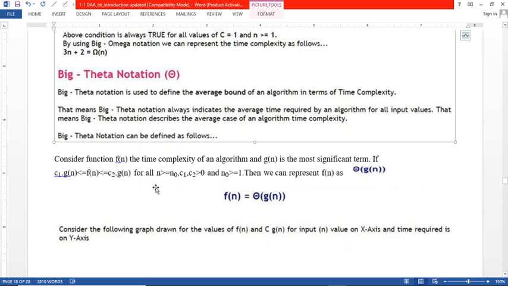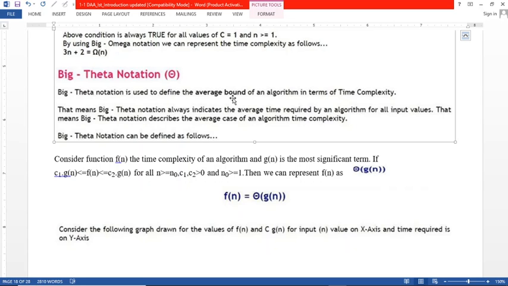Okay. The next one is big theta. Next one is big theta. So Big-Theta notation is used to define the average bound. So whatever the time we are getting, that should be the average bound. It should not be in the upper bound or in the lower bound.